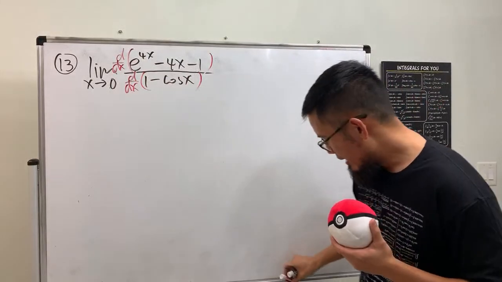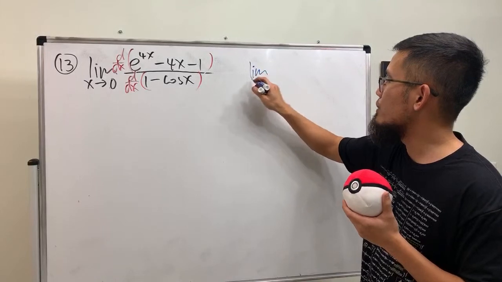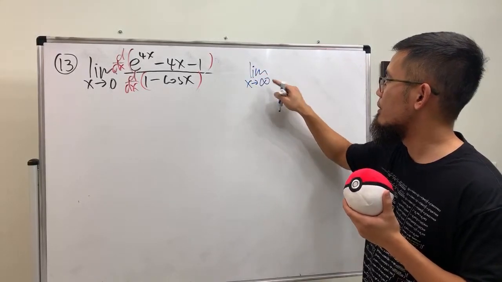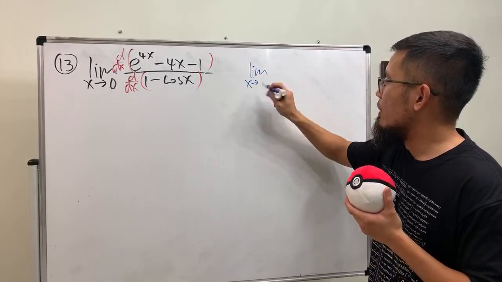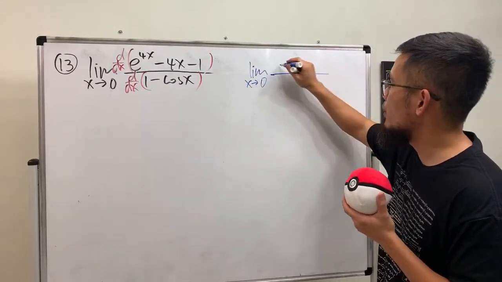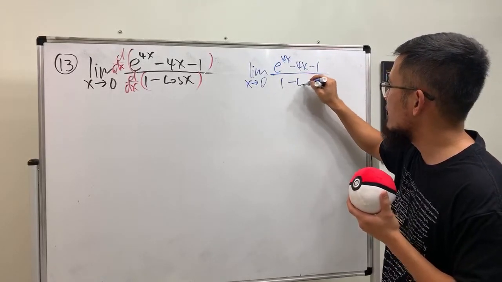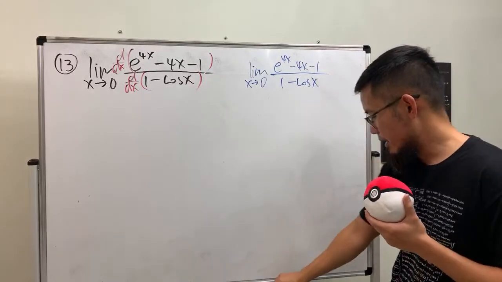And by the way, I just really want to say this. I have seen you guys, when you are doing the L'Hopital's rule. Let me just write down the same question again. 1 minus cosine x.